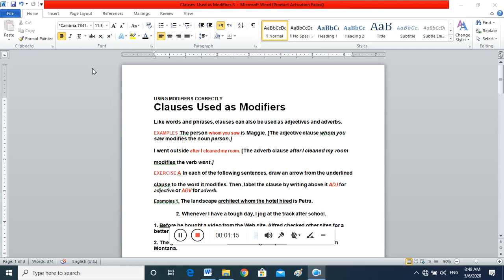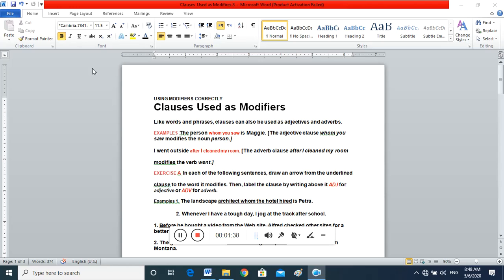If the word or the phrase describes an adverb, an adjective, or a verb, then it becomes an adverb. Also, clauses can be used as modifiers, as adjectives or adverbs.